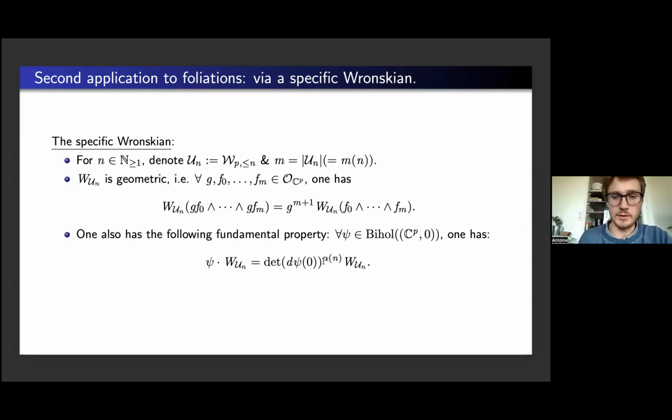To show that kind of property, first one has to see that when we apply such a biholomorphism, we recover a constant times this same Wronskian.